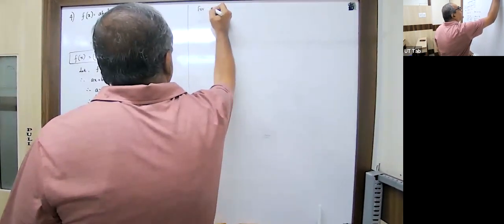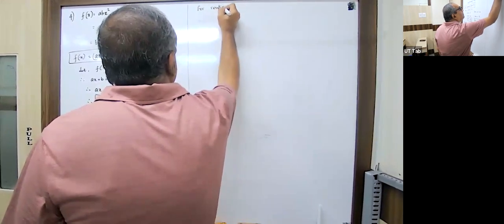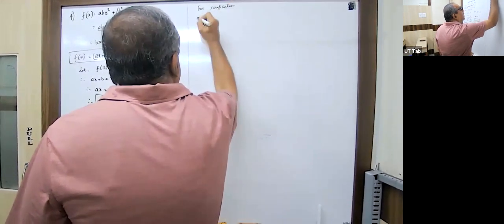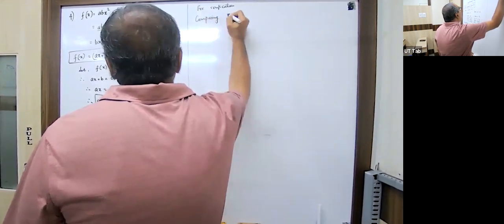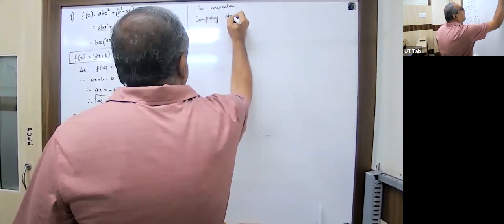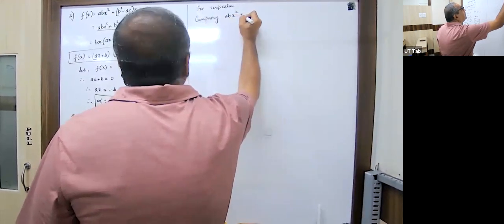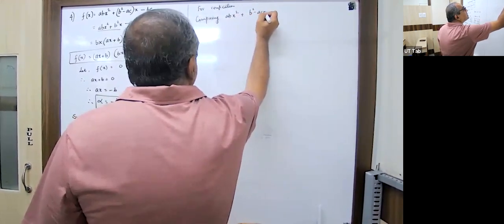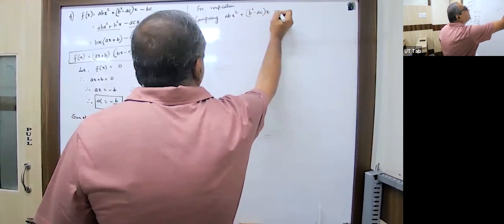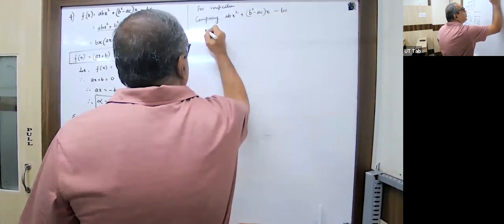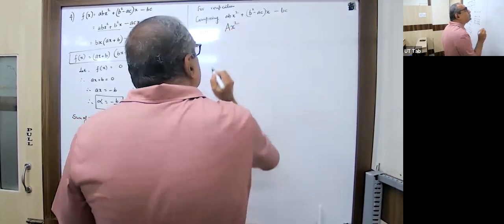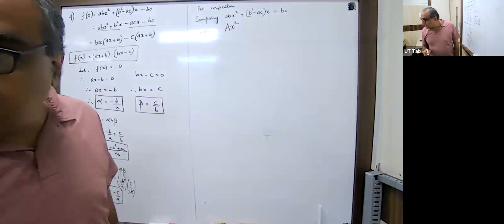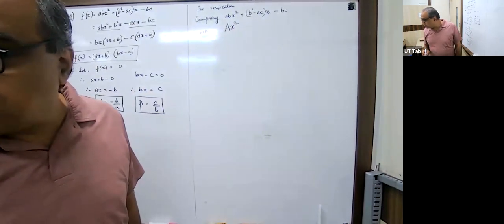For verification. Now here, I'll write comparing ABx squared plus B squared minus AC into x minus BC with, in order that I should not get confused, I will now use capital letters.